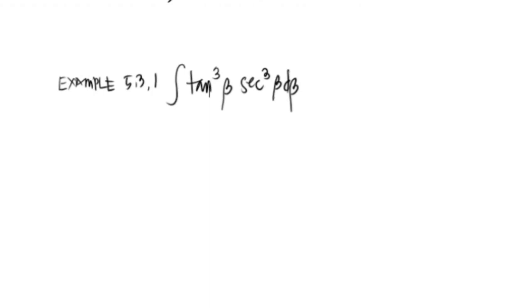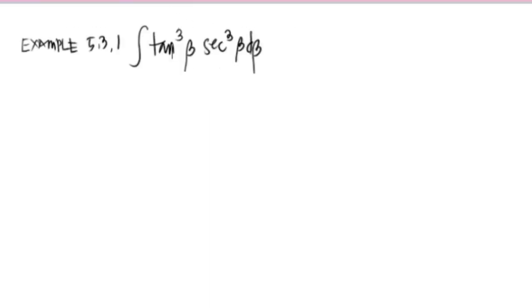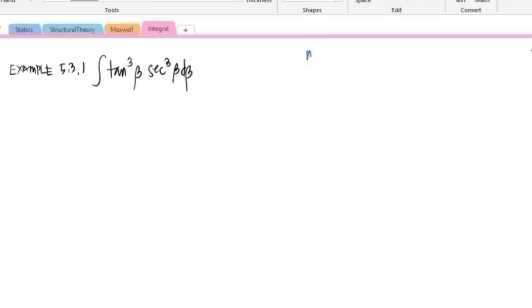So it could be y, it could be any letter or any Greek letter, usually kapag ang function natin ay trigo function. So ano yung rule dito? Your m is an odd number because your m here is equal to 3. So if that is the case, ang sabi doon sa rule natin, we have to extract the secant.